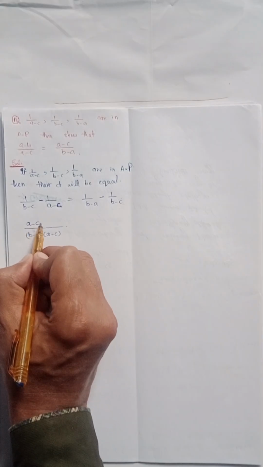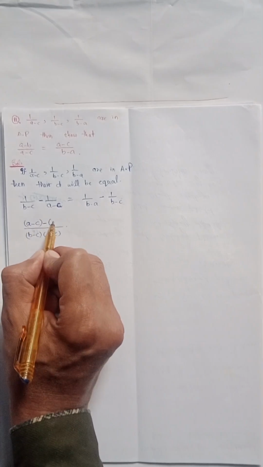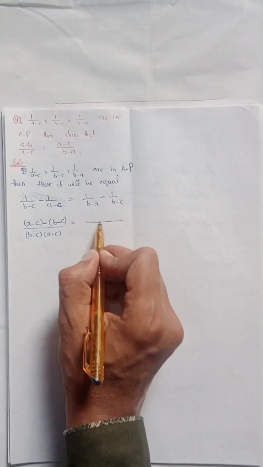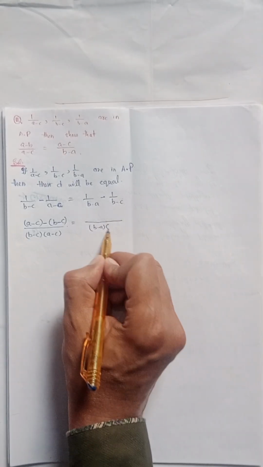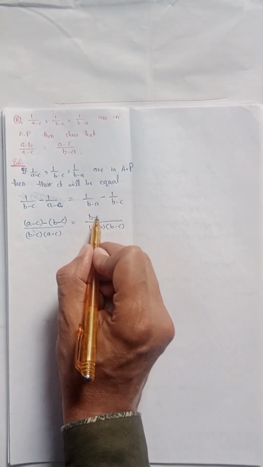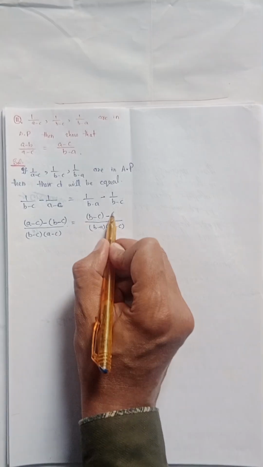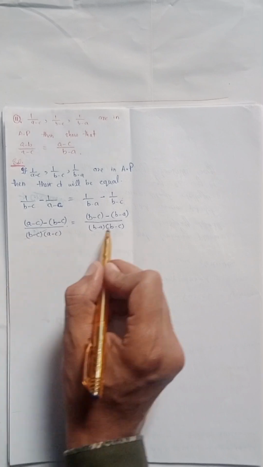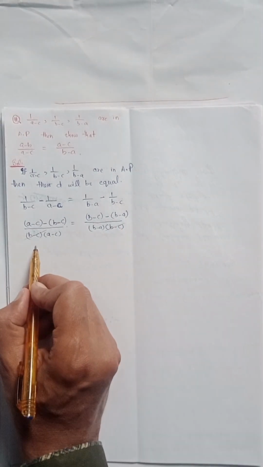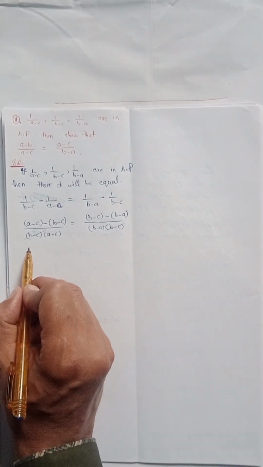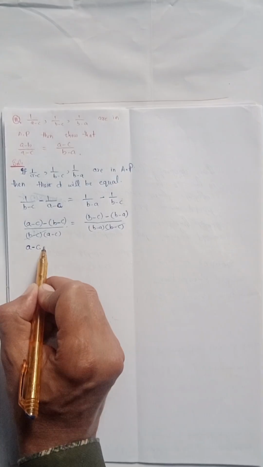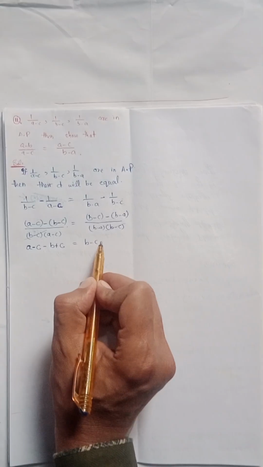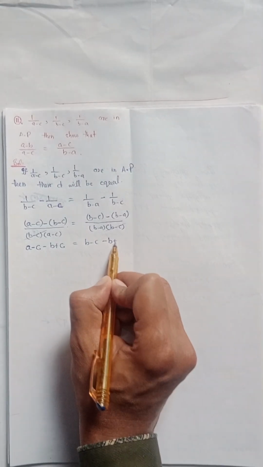By expanding the upper brackets, we get a minus b over a minus c equals a minus c over b minus a.